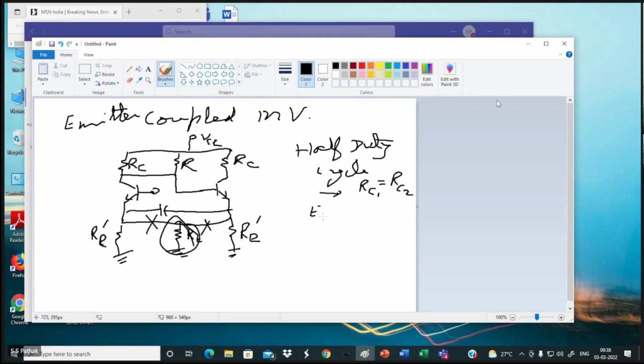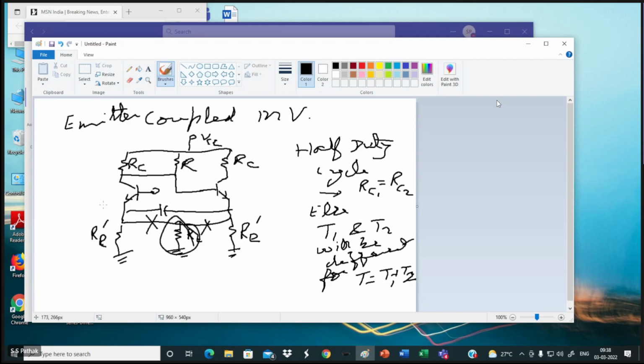Else T1 and T2 will be different, for time period equal to T1 plus T2. I'm coming to that: which will be controlling your T1, which one will be controlling your T2.